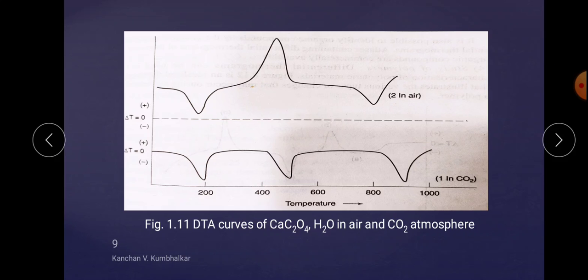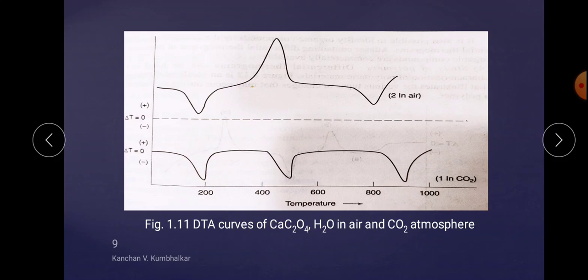It indicates that continuous endothermic reactions have occurred, and these three peaks are because of the successive elimination of water, CO and CO2. This is the basic reason behind these three different endotherms.